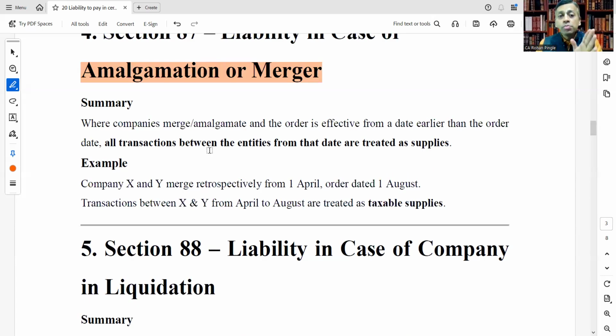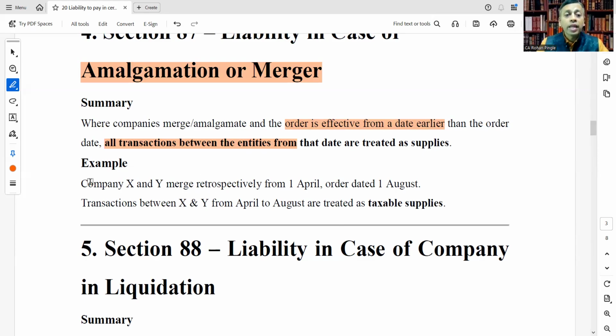Where companies merge or amalgamate and the order is effective from a date earlier than the order date, all transactions between the entities from that date are treated as supplies.